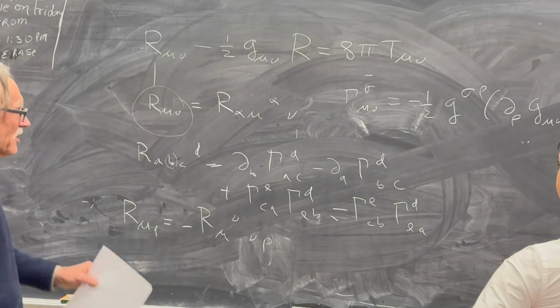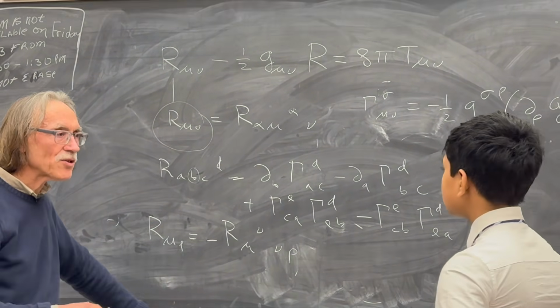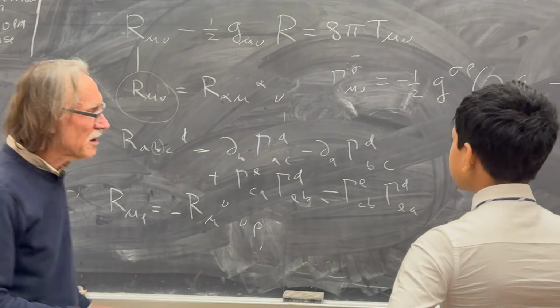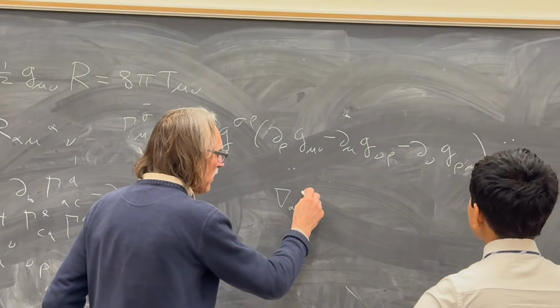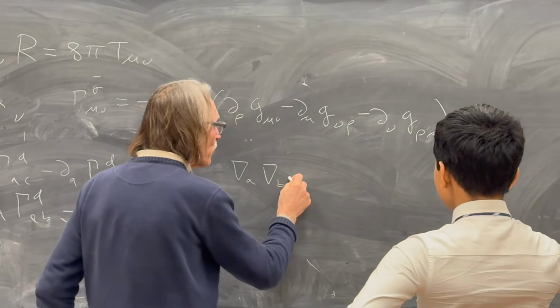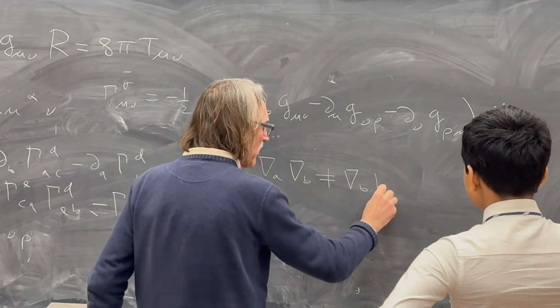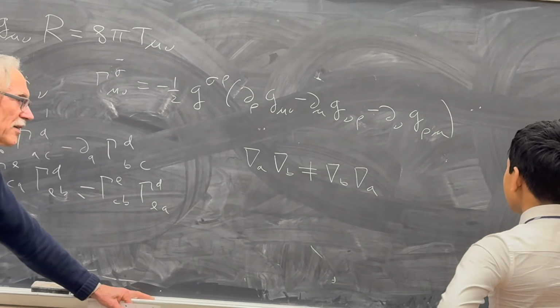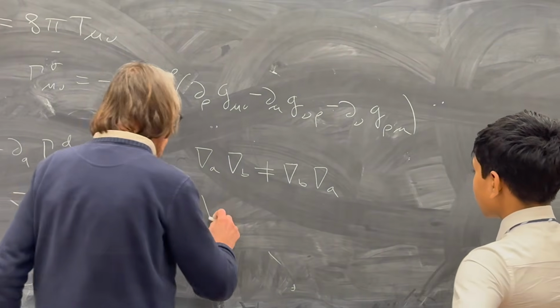So what we discussed is what the Riemann tensor is actually doing. It has to do with covariant derivatives. If you have covariant derivatives, they do not commute. This is not equal to when you do it in the other order. And the Riemann tensor tells you how it does not commute.